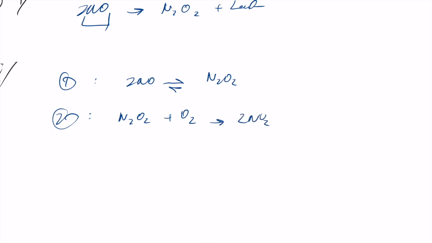Now the thing is, these cancel out, so they're not important. So this is slow, this is fast. The real reactants we're interested in are the 2NO and the O2. But because the molecularity of the NO is 2, what we have is squaring its concentration.